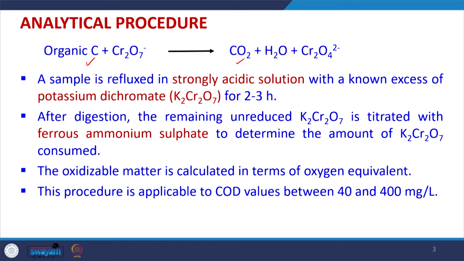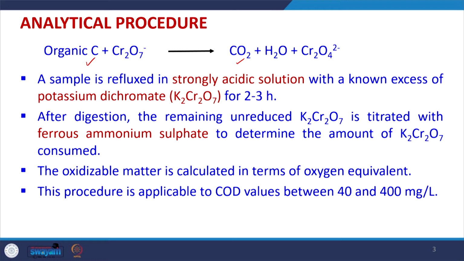After doing this, the remaining unreduced potassium dichromate is titrated with ferrous ammonium sulphate, and this way we determine how much potassium dichromate has been used, and by doing so we back calculate what amount of oxygen equivalent demand was there.